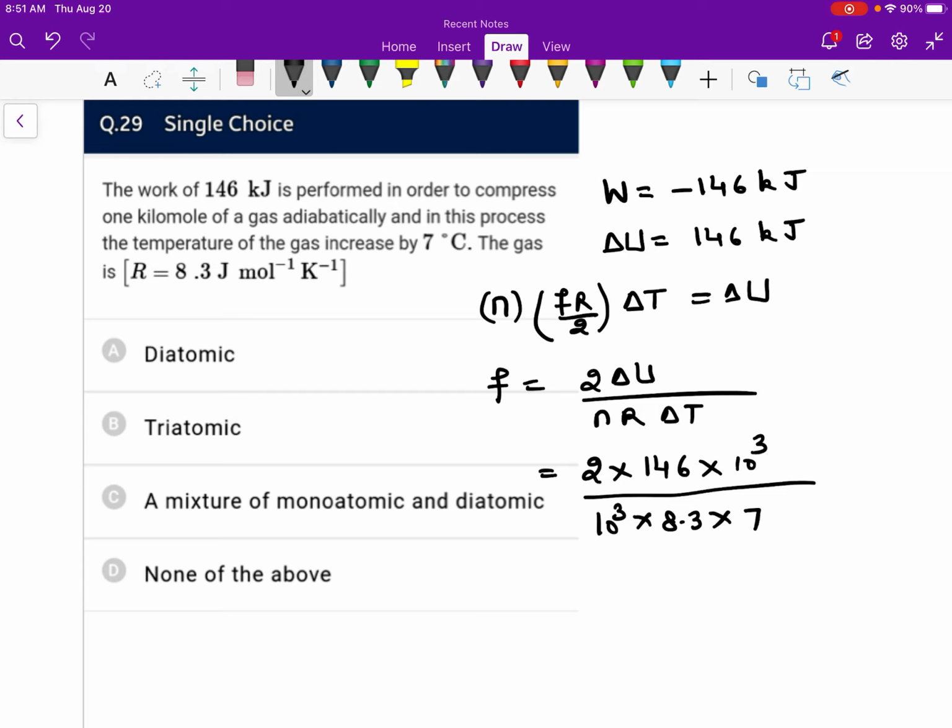So twice of 146 is 292, and the 10 to the power 3 cancel.